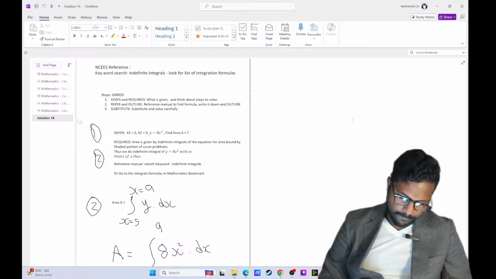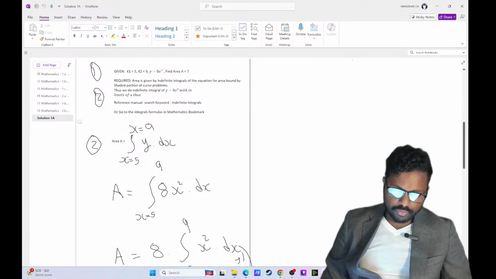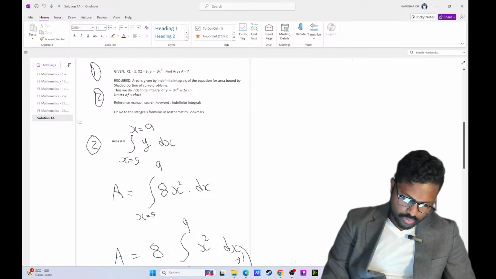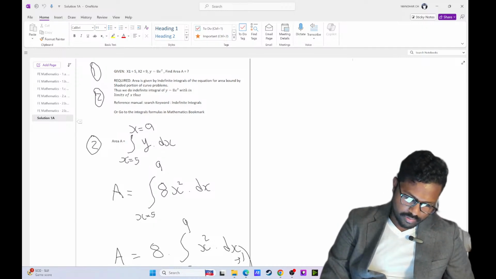So once you write these two things down, and for those of you who don't know how to solve this problem, I will write down. Look at step number 2.